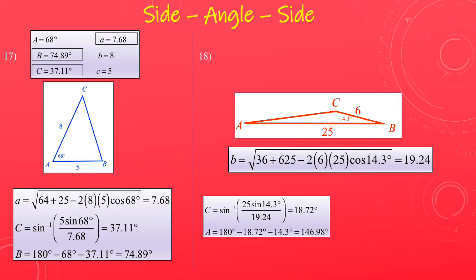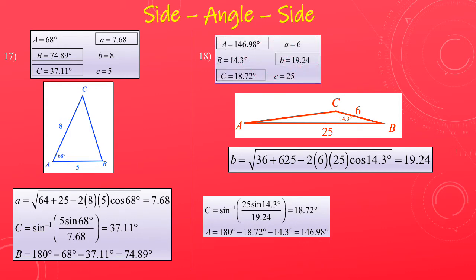And now we can get angle A to be 180 degrees minus 18.72 minus 14.3 to get 146.98 degrees. So it appears that our answer is angle A is equal to 146.98 degrees, angle C equals 18.72 degrees, and little b equals 19.24.